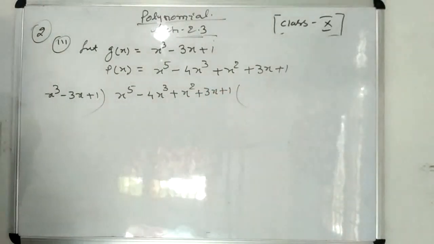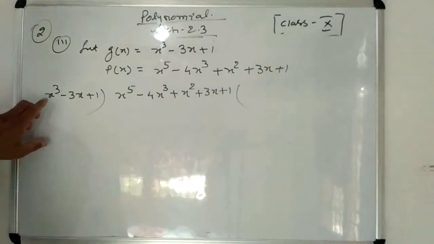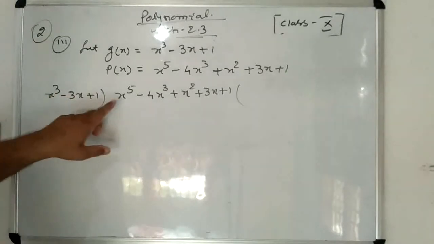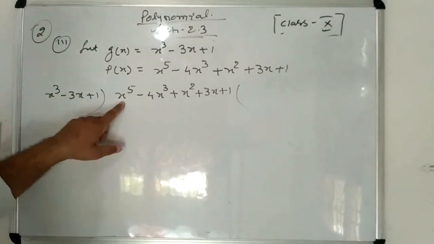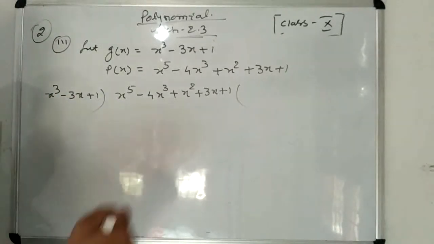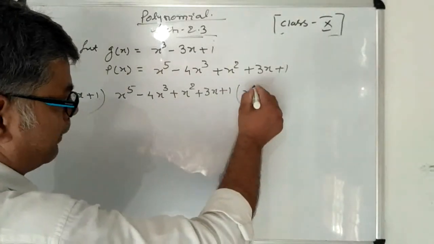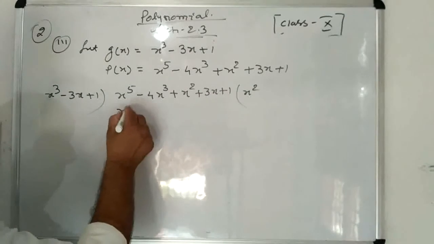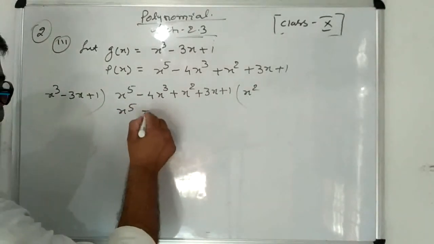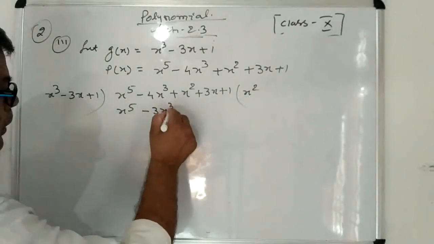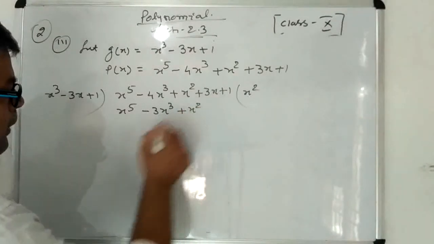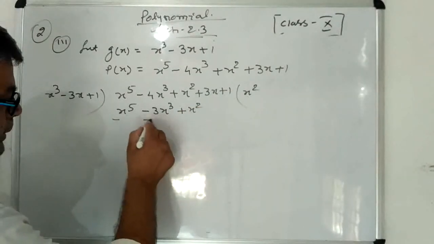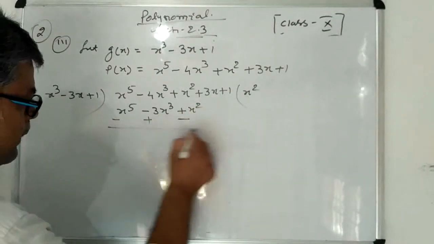Now you see there is x cube and you have to bring x to the power 5, so you need to multiply it by x square. When you multiply by x square, you will have x to the power 5 minus 3x cube plus x square. So change the sign, minus plus minus.